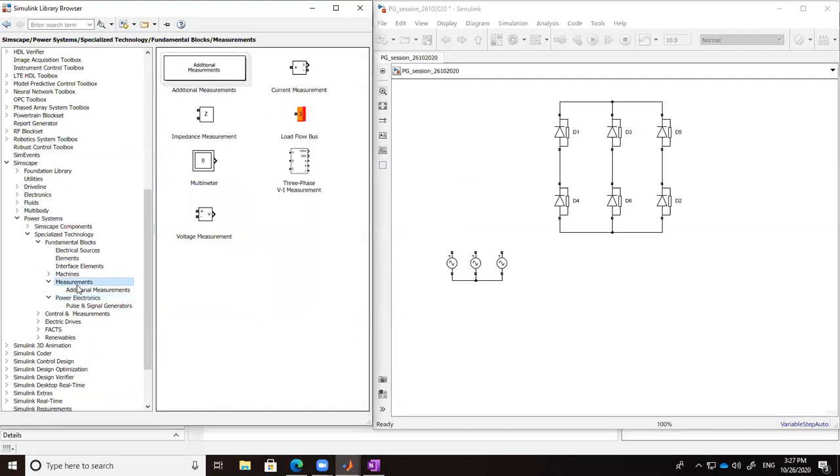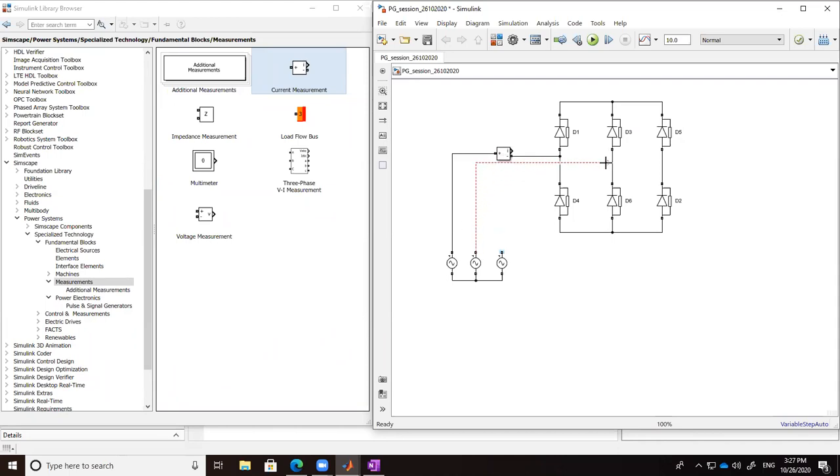Don't forget it. So I need to bring a current measurement block first. This is A phase. So I have connected one ammeter in A phase. Okay. And then I can assume that the similar current will flow in B phase and C phase. Right.